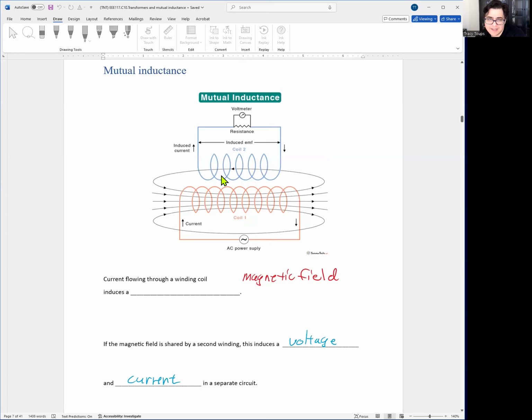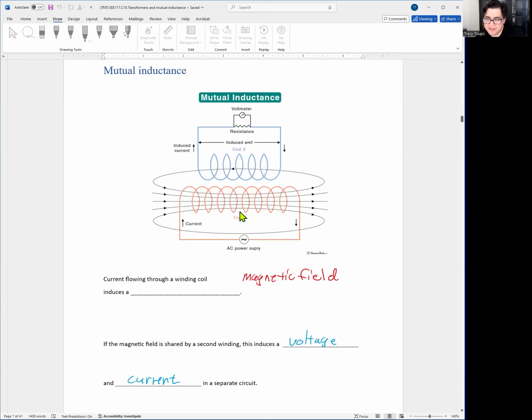If you have a second inductor nearby, within physically close proximity, touching, it'll share the magnetic field. Some of it will get shared, not all of it, because you can see some of it goes in one side in the coil, some of it goes to the other. So a small portion of it will share the magnetic field. What will end up happening is, because the magnetic field is getting linked in the second coil, it'll actually induce a current and a voltage on a secondary circuit over here.